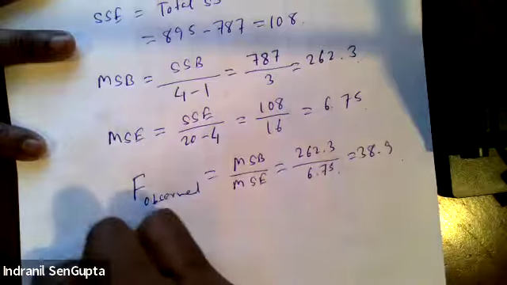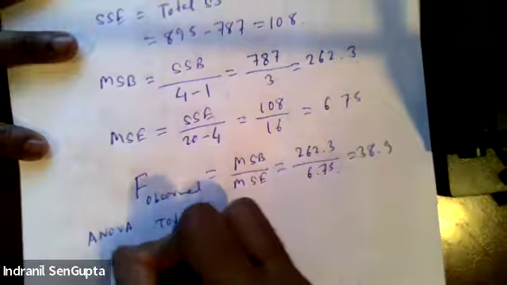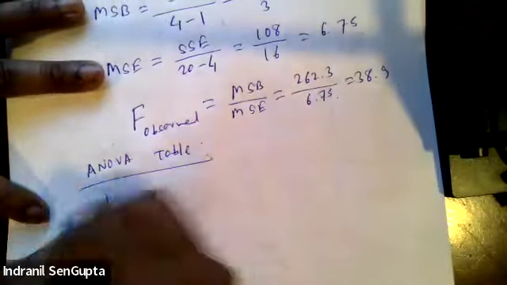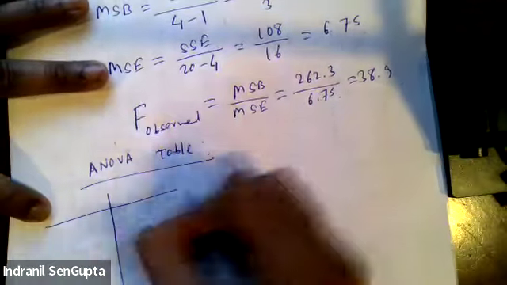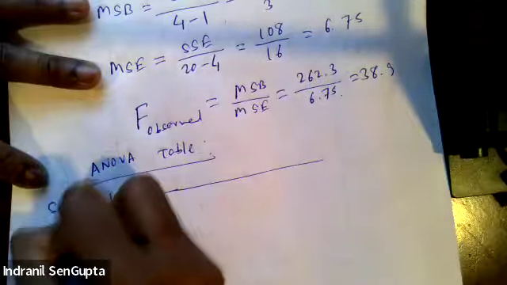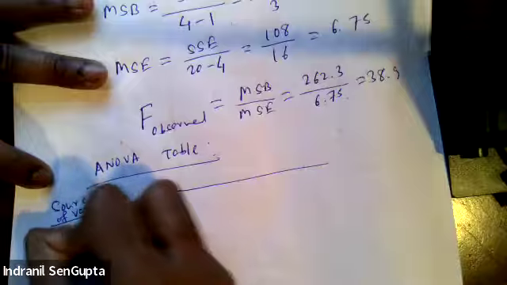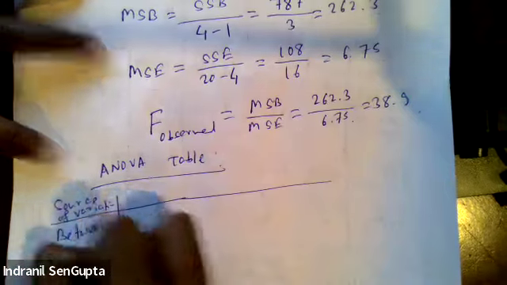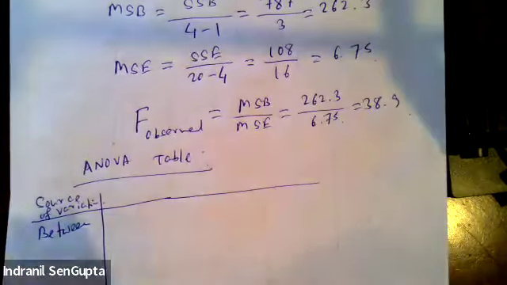So the ANOVA table, I can now list everything very nicely. So here is the source of variation. Between, so here we say that there are 3 different sets.